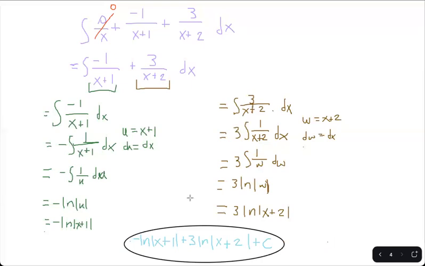This is our final answer: negative ln x plus 1 plus 3 ln x plus 2 plus c.